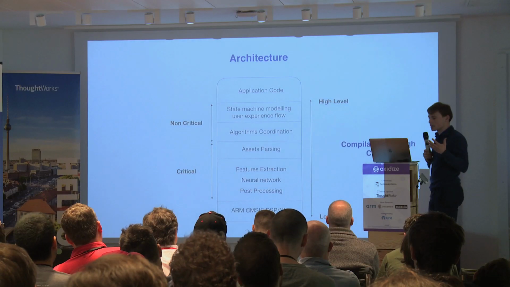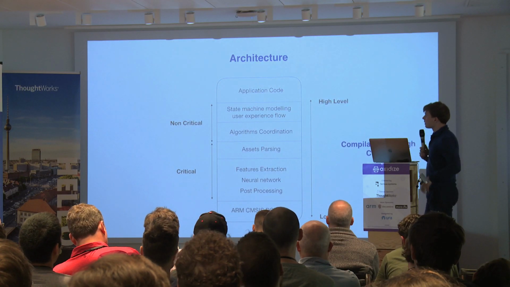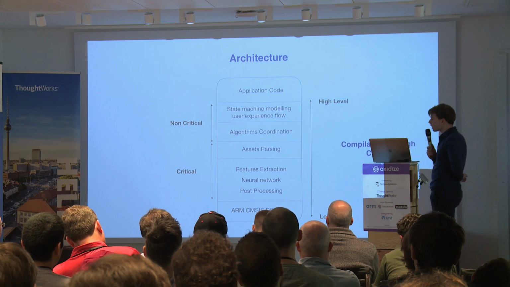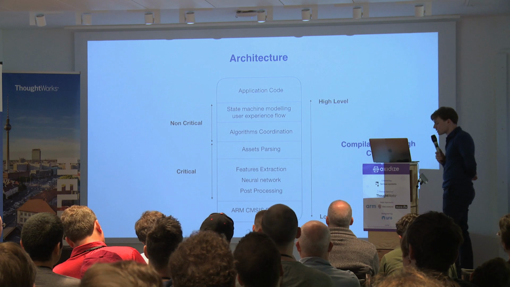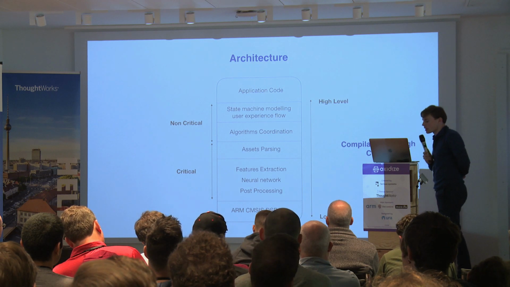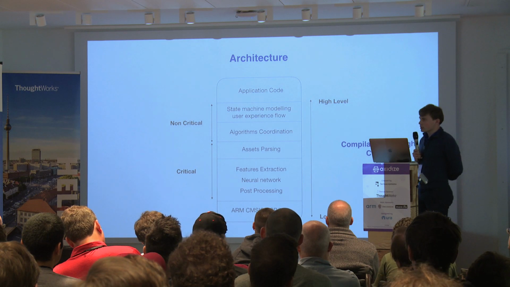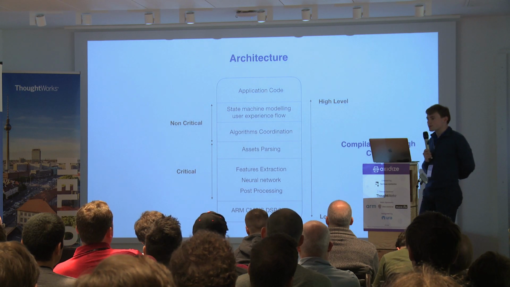We have the application code, which is written in C. Then we have different layers inside the library. The first one is a state machine, whose idea is to model the user experience.